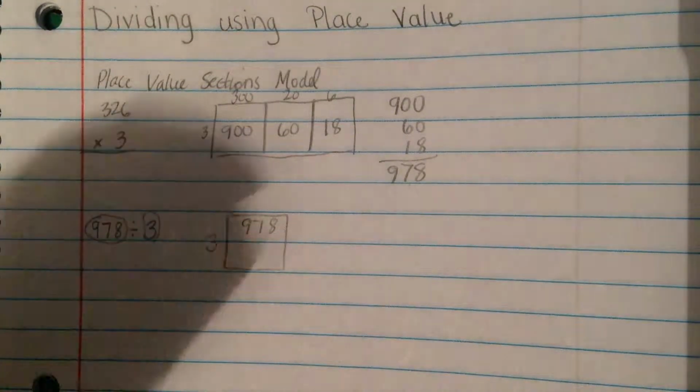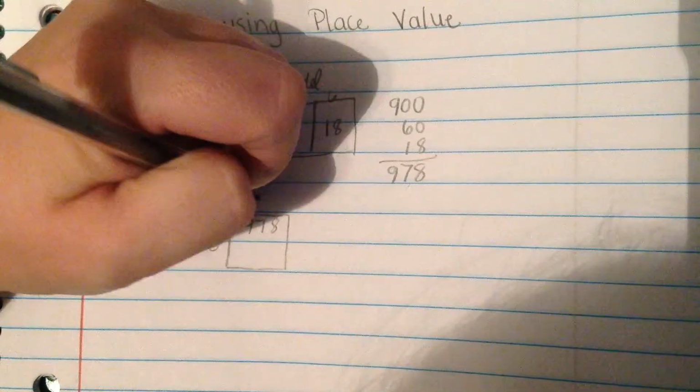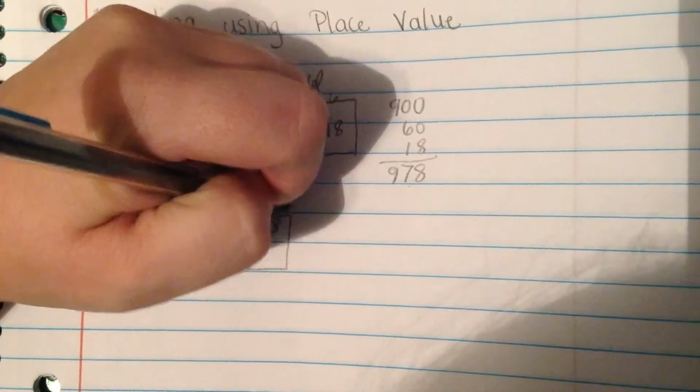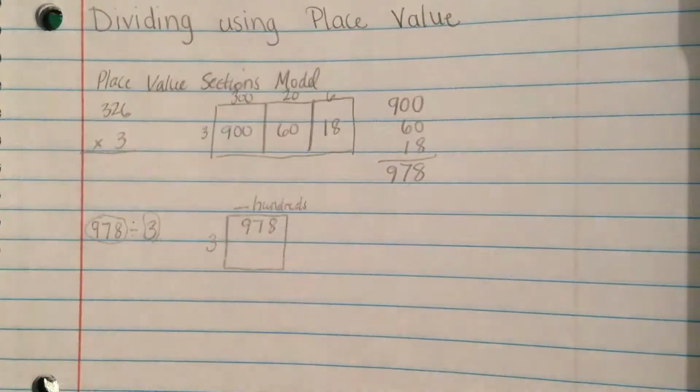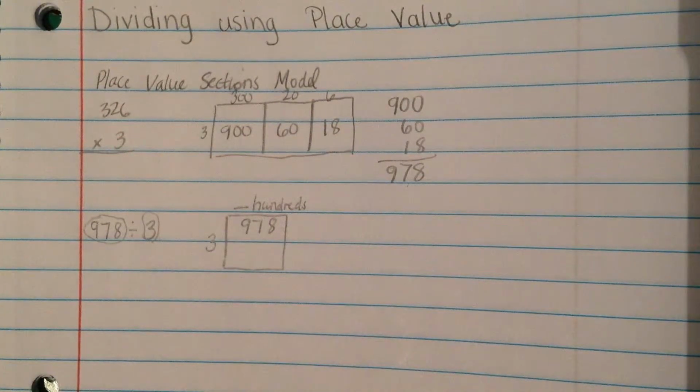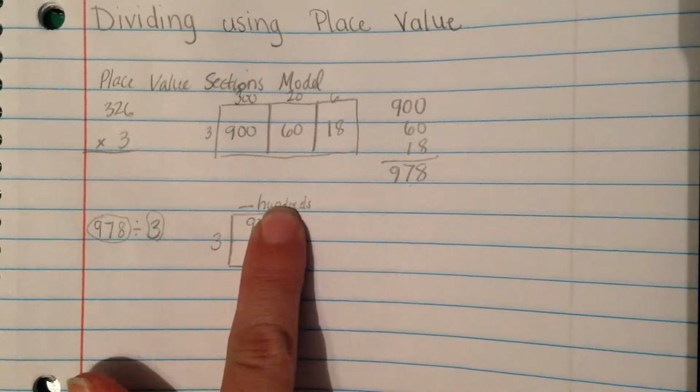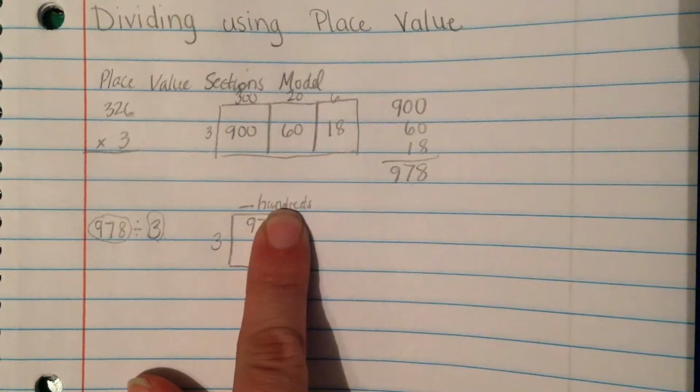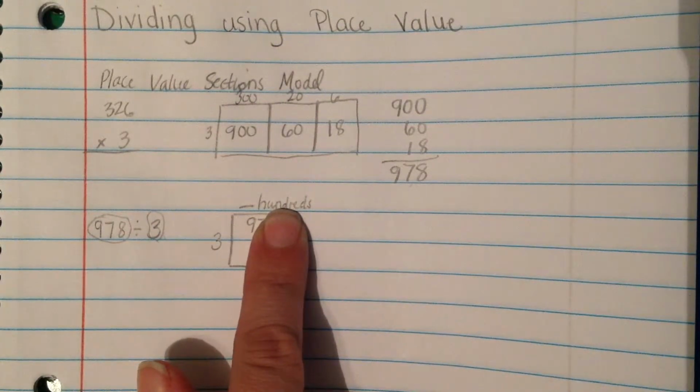And I'm first going to try to find out how many hundreds I can get into 978. So I know all I'm going to look at is my hundreds, which is 9. I know that 3 goes into 9. 3 times what is 9?